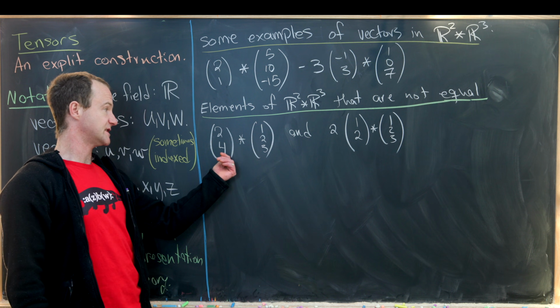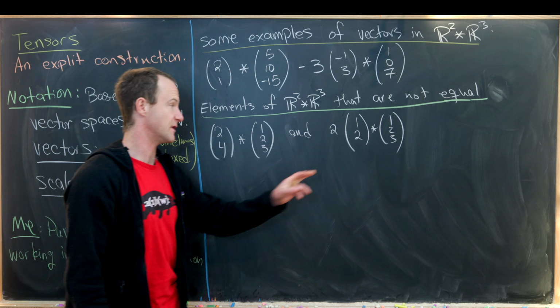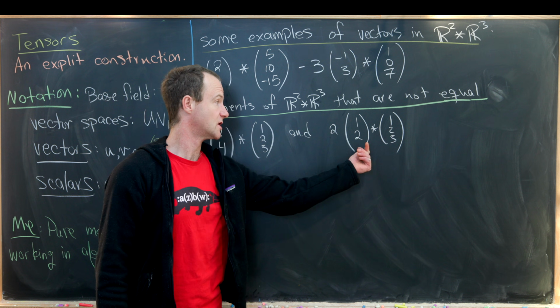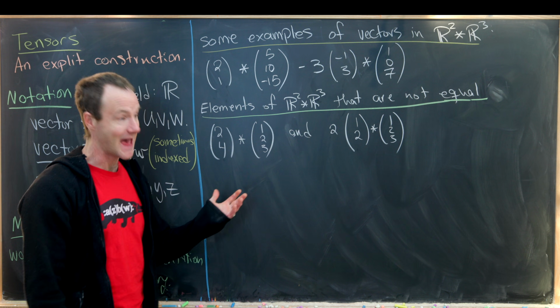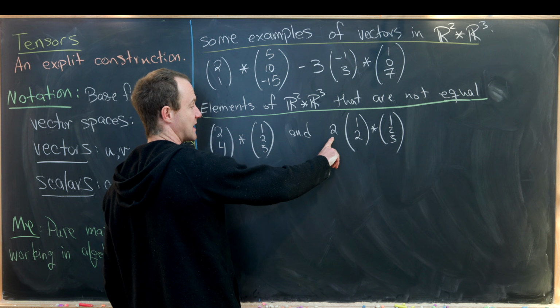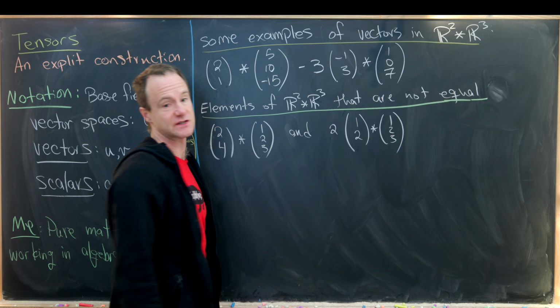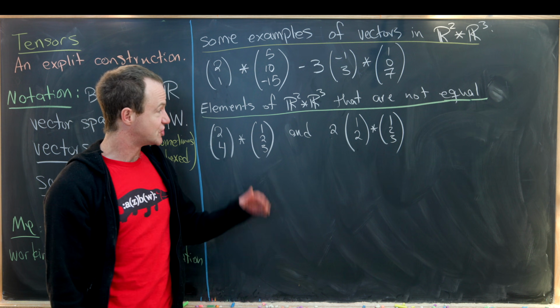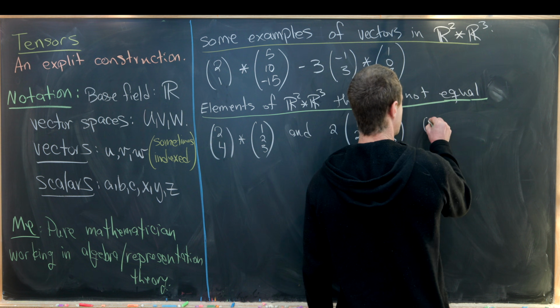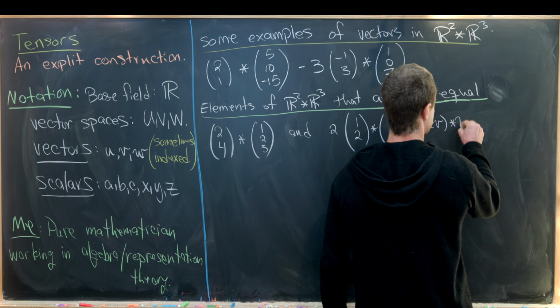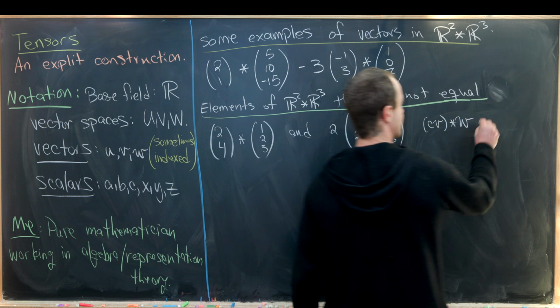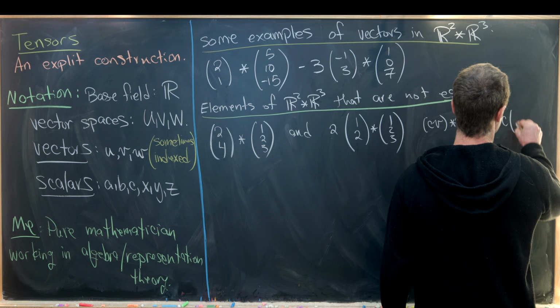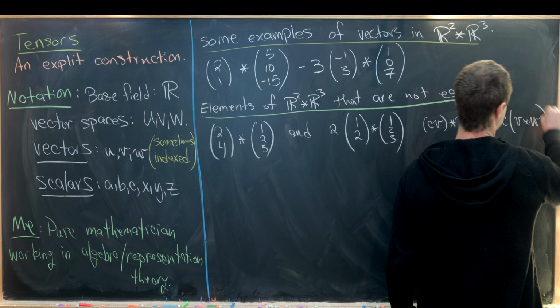So let's notice that this is (2, 4) star (1, 2, 3), but this is twice (1, 2) star (1, 2, 3). So we don't have a rule yet that would allow us to bring this 2 within this first vector. A general version of this would be cV star W, versus c times V star W.